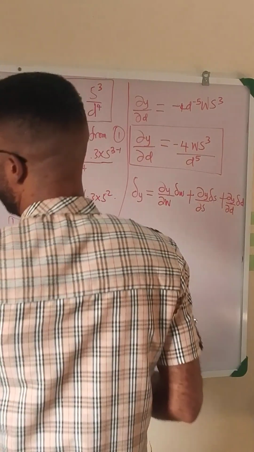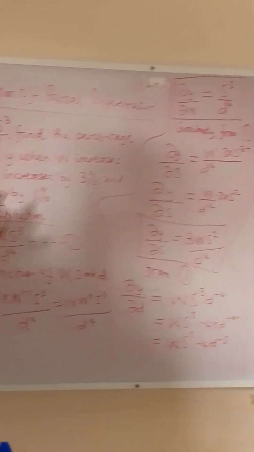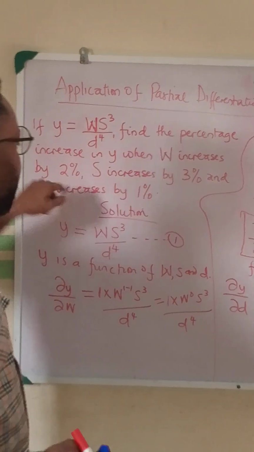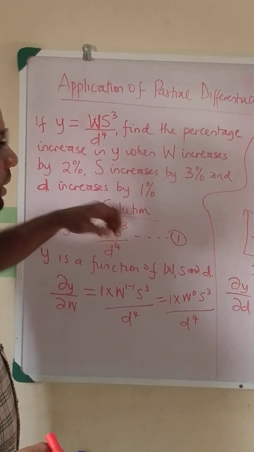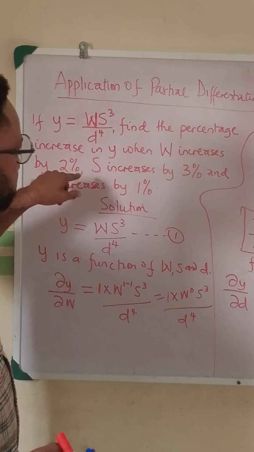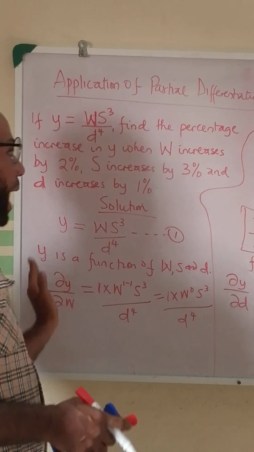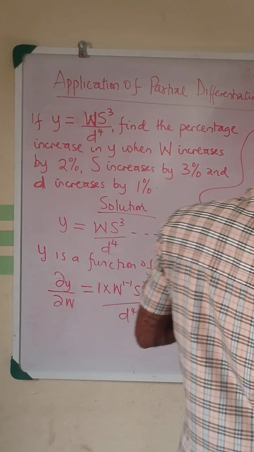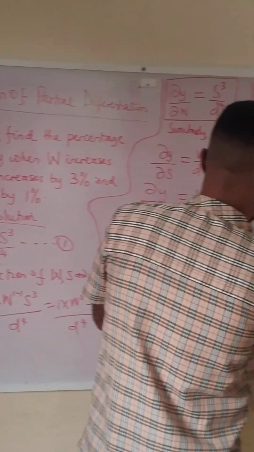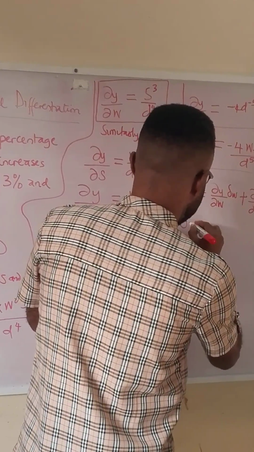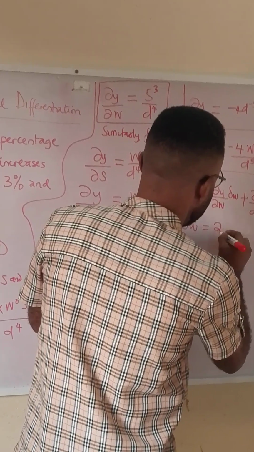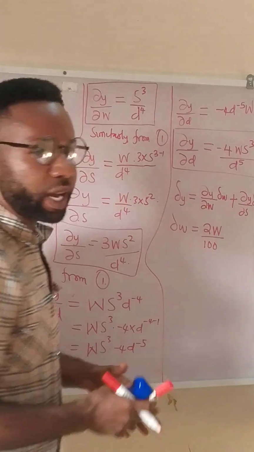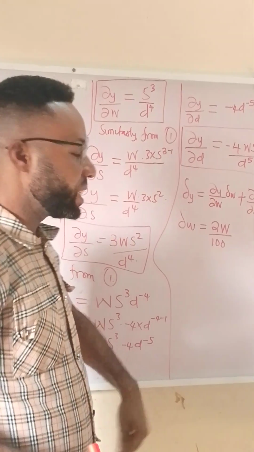Now if we go back to our question, we're told that w increases by 2%. Since it is 2%, it means our change in w is going to be 2w divided by 100. And it's going to be positive because it is an increase.